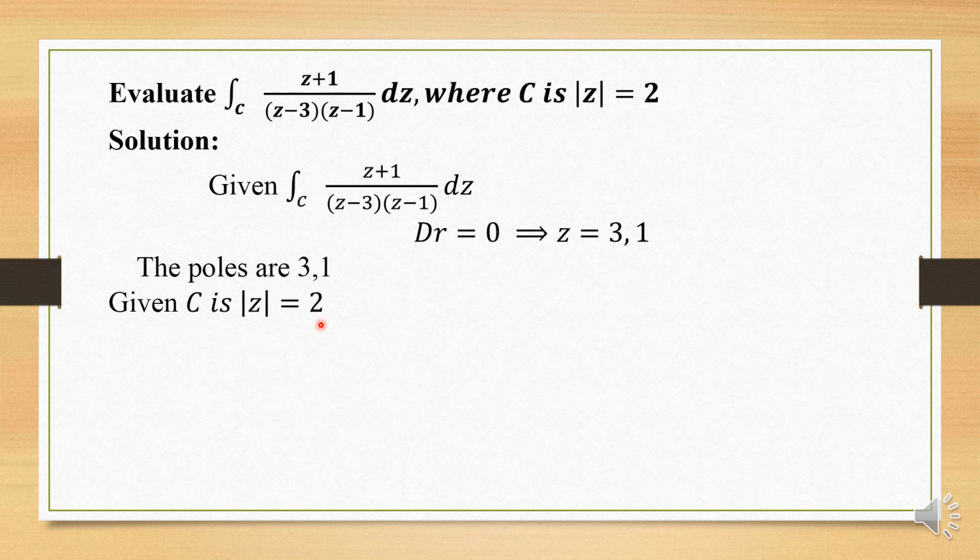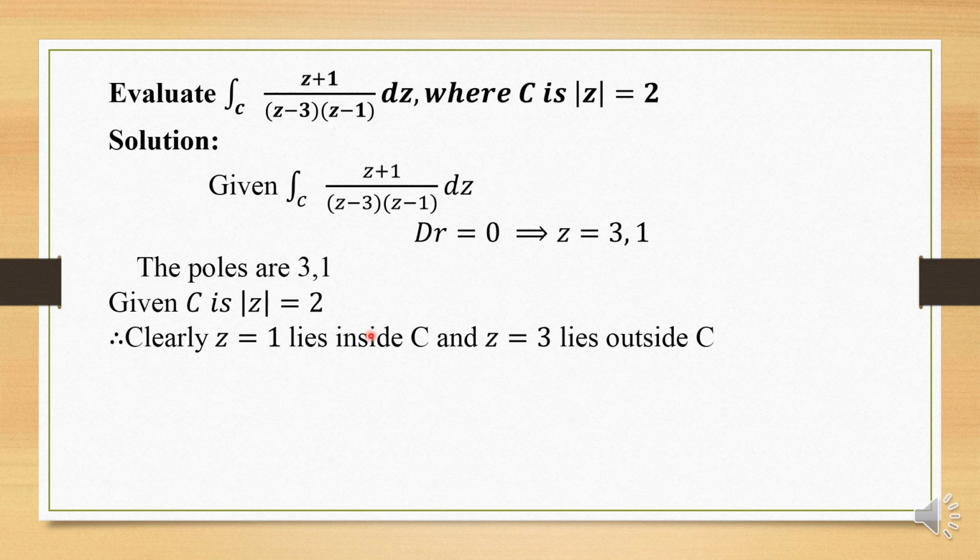Now we check whether the poles are inside or outside the given curve, mod z equal to 2. Substituting the first pole, replace z by 3, we get modulus of 3, which is 3, greater than 2. So 3 is outside the curve.